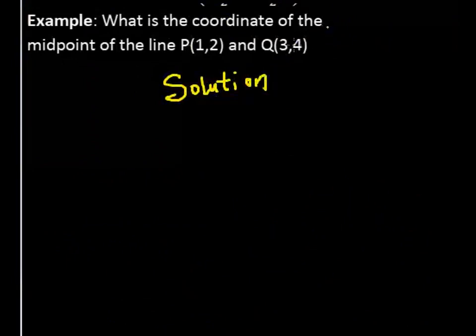So the question, what is the coordinate of the midpoint of the line P and Q? Okay, so let me use M, or let me use something else. Let me use R. Let R be the midpoint.